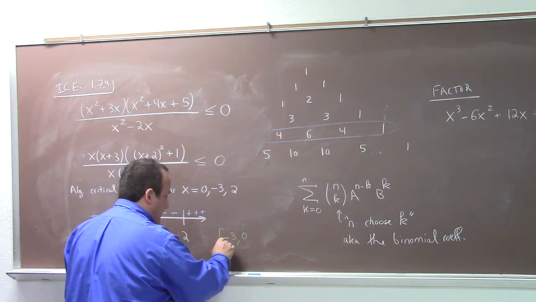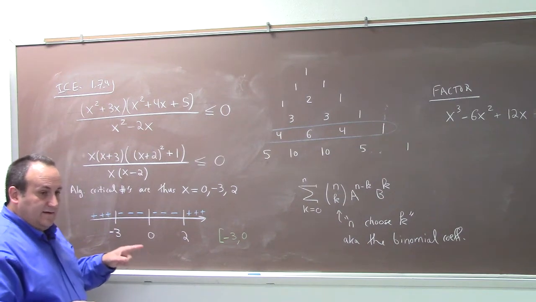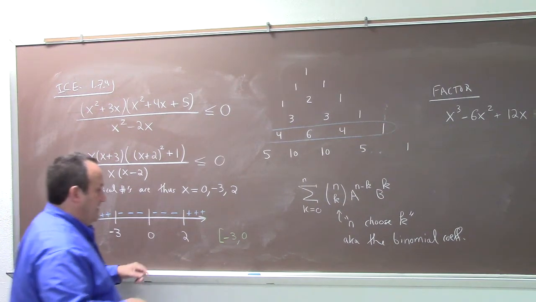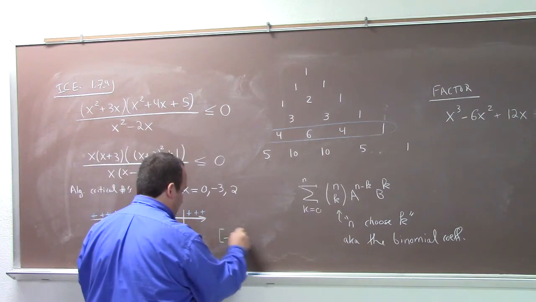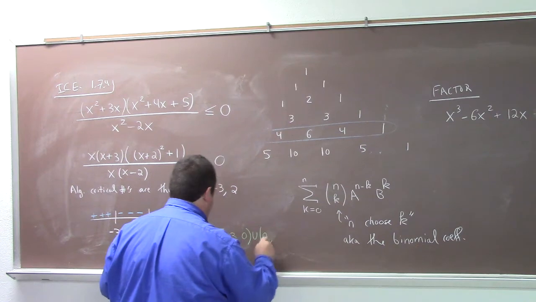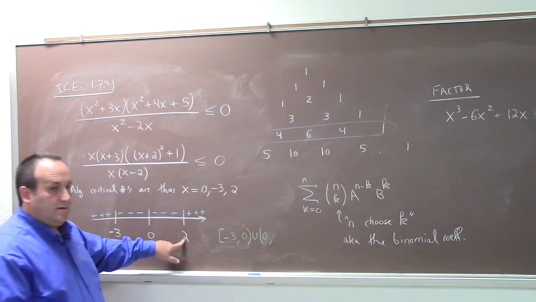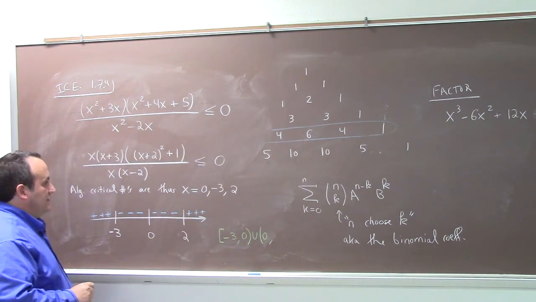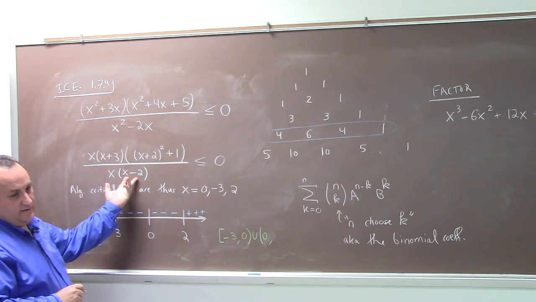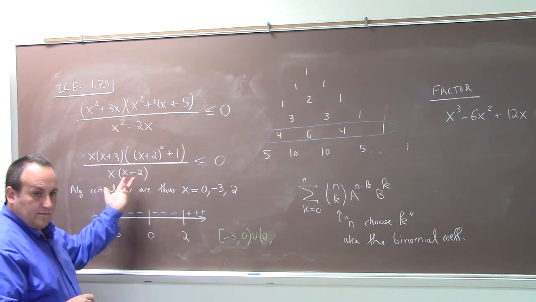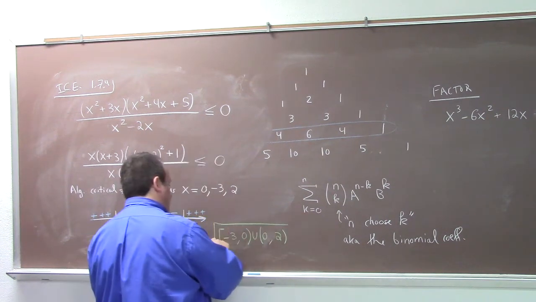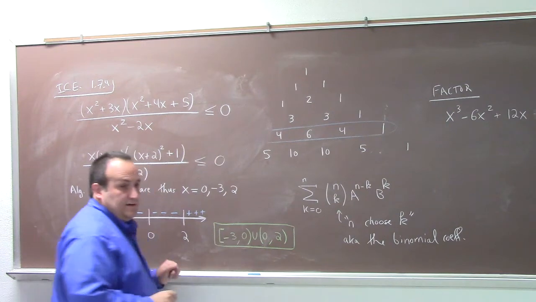On the other hand, 0 is not allowed because you have division by 0, so 0 is not in the domain of the expression. That can't be included. And then 0 to 2. What about 2? We have to exclude 2 because we've got division by 0 at 2. So there you go, that's the solution to this inequality.